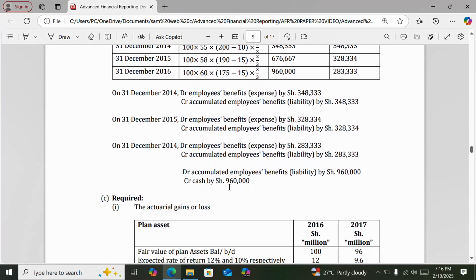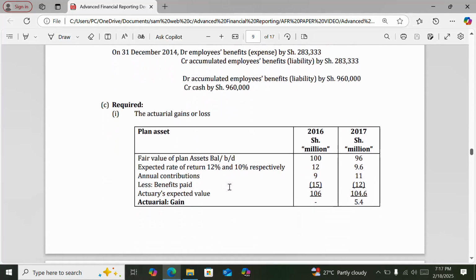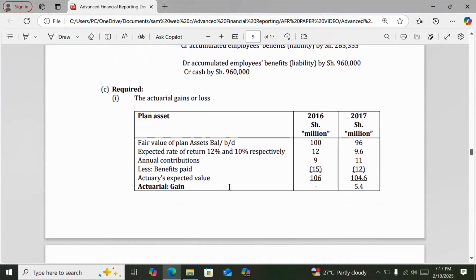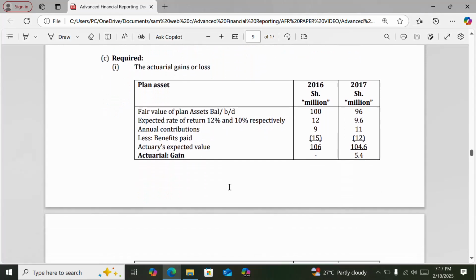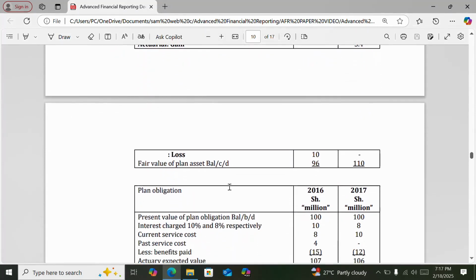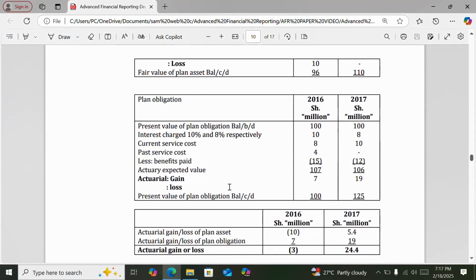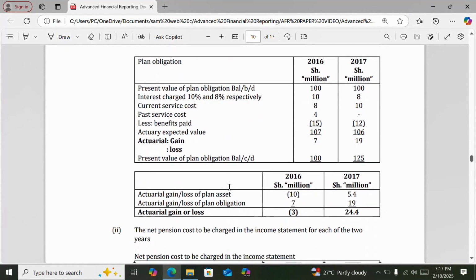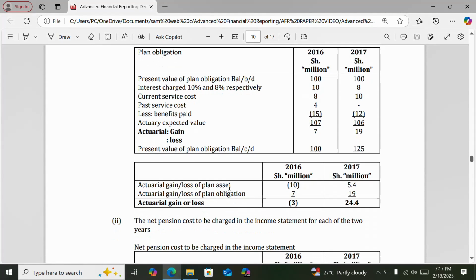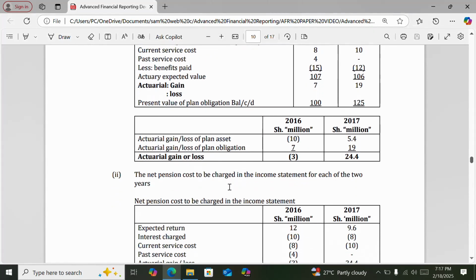We continue to see the actuarial gains or loss. So you first work on plan assets, then you go to the plan obligation, and after that you determine the actuarial gain or loss.